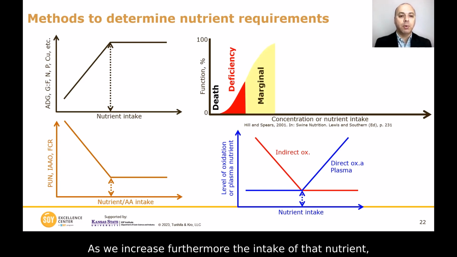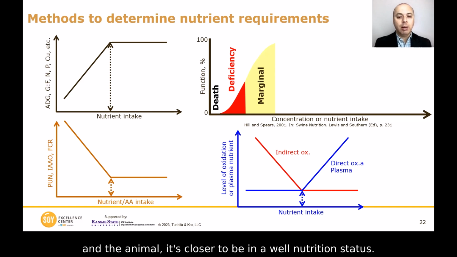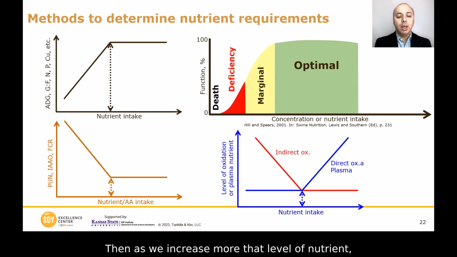As we increase the intake of that nutrient further, we're going to be in a marginally deficient state, and the animal is closer to being in a well-balanced, well-nourished status. Then as we increase the level of nutrient more, we're going to have a wider optimal range.